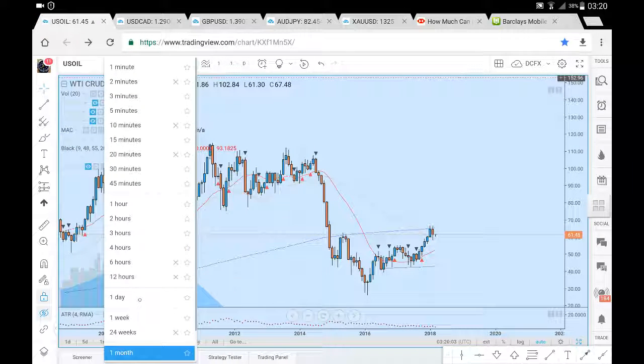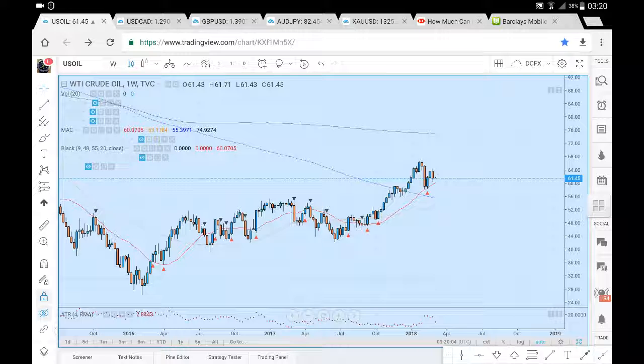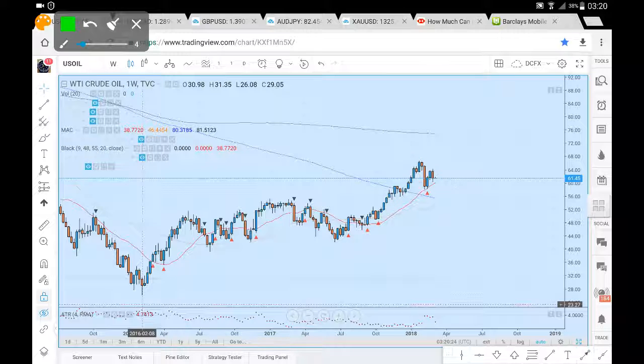Now let's just have a look at the weekly chart. So over to the weekly chart we go, and as you can see here, we've had a strong move to the upside. We've got this very bearish candle just there. We're still operating in the shadow of it, but we've had a move upwards, and we do see further sell side momentum come back into this market.